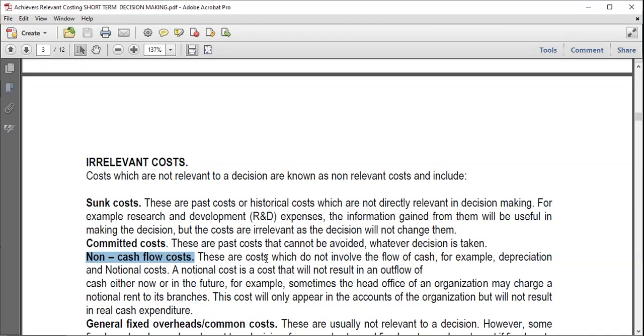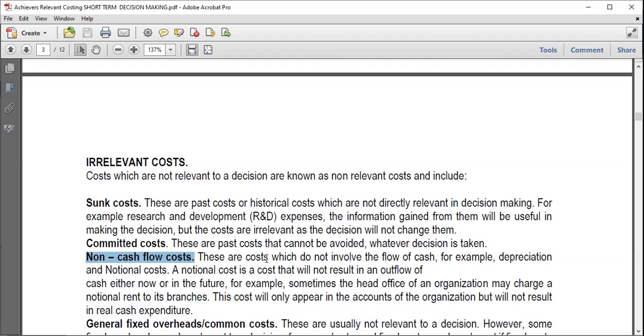Now that cost will be notional in nature, because in reality, this branch is not going to make this payment. You get it? But it is notional because we're just using it for performance evaluation, to see if each of the branches was paying 10% of this salary, what would really happen?